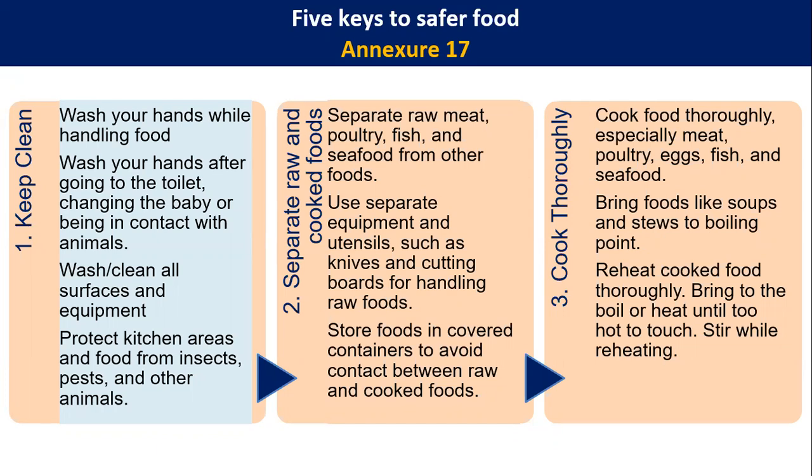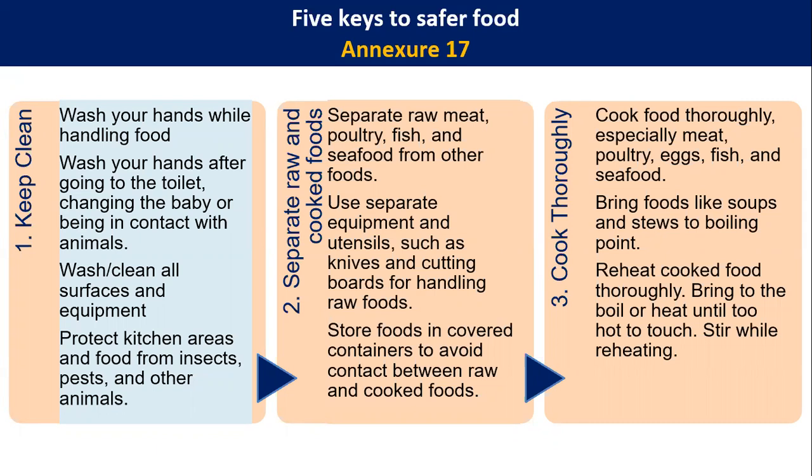Then we should have separate raw and cooked foods at home. Use separate equipment and utensils such as knives and cutting boards for raw foods, and store foods in covered containers to avoid contact between raw and cooked foods. Whatever you are cooking has to be cooked thoroughly, so that whatever organisms and germs are there will be killed.